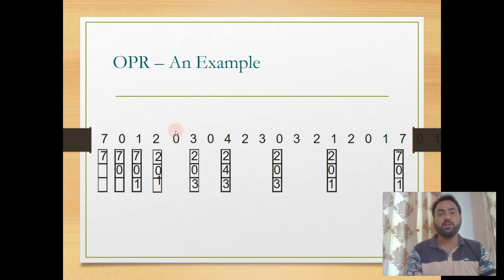From 2 onwards, we will look into the future string, 0304230321201701. When we check the whole future string, we find that page number 7 is the page that will be used last. That means page number 7 will not be required for the longest among page numbers 7, 0 and 1. So page number 7 will be replaced with page number 2.